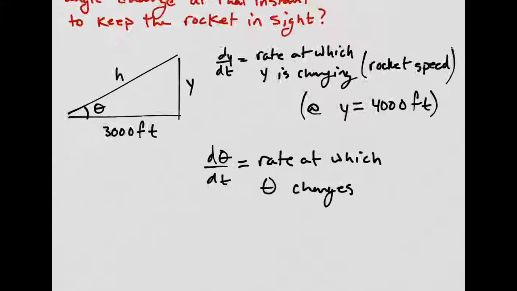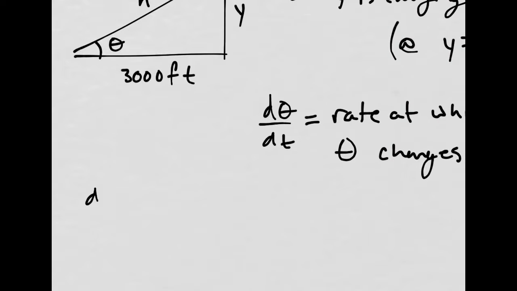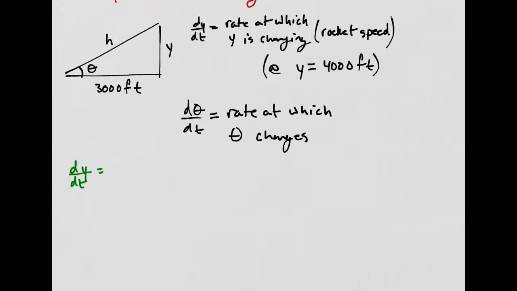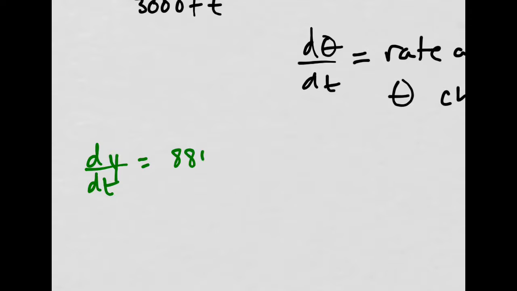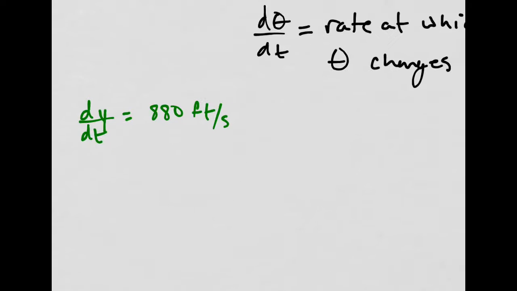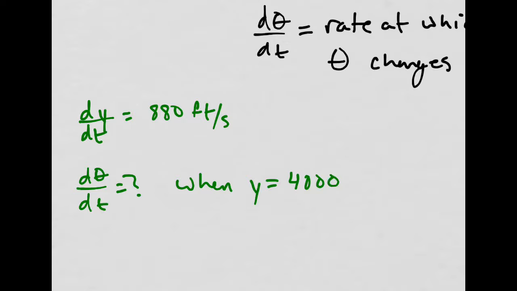We know that dy/dt equals 880 feet per second at the time of this problem. We want to find out what d theta/dt is. We don't know it, but when y equals 4,000 feet?